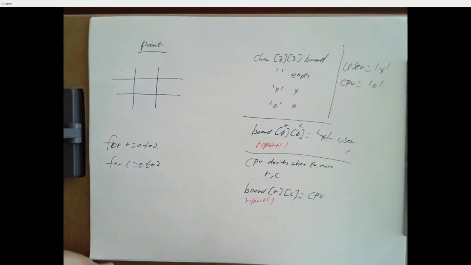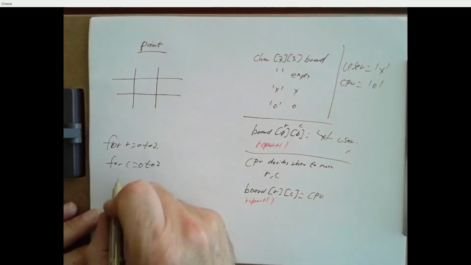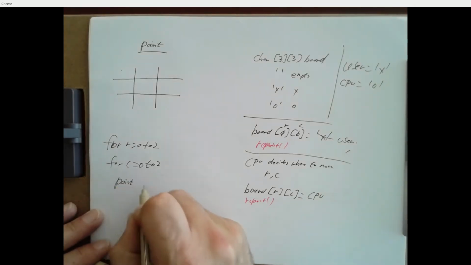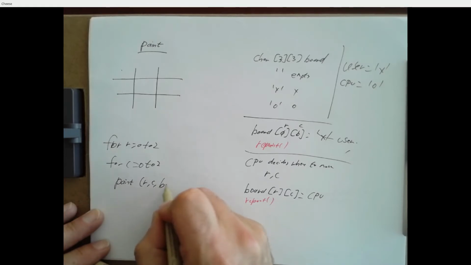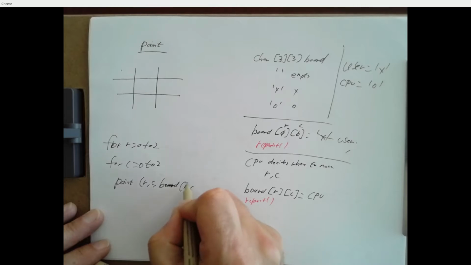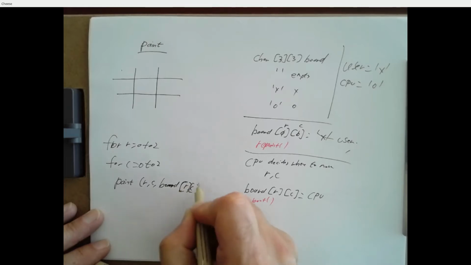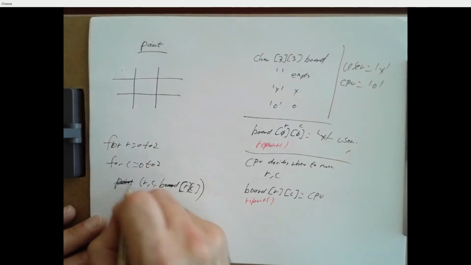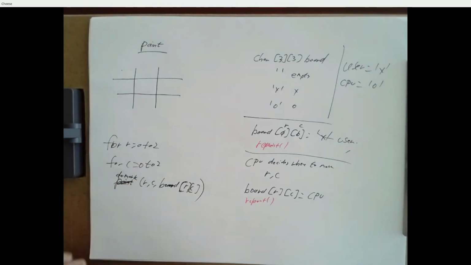For row goes from 0 to 2, for column goes from 0 to 2. And I'm just being modular here. I'm calling a method I call doMark. I pass it the row, the column, and the symbol that I want to put in that row and column.